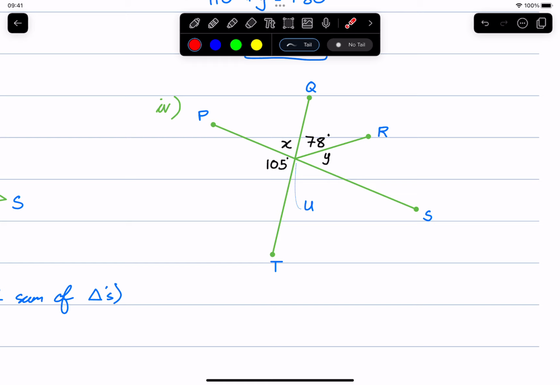Now, this is a little tricky because take a look. These two will add up to 105 because these are vertically opposite angles. So these two going this way.